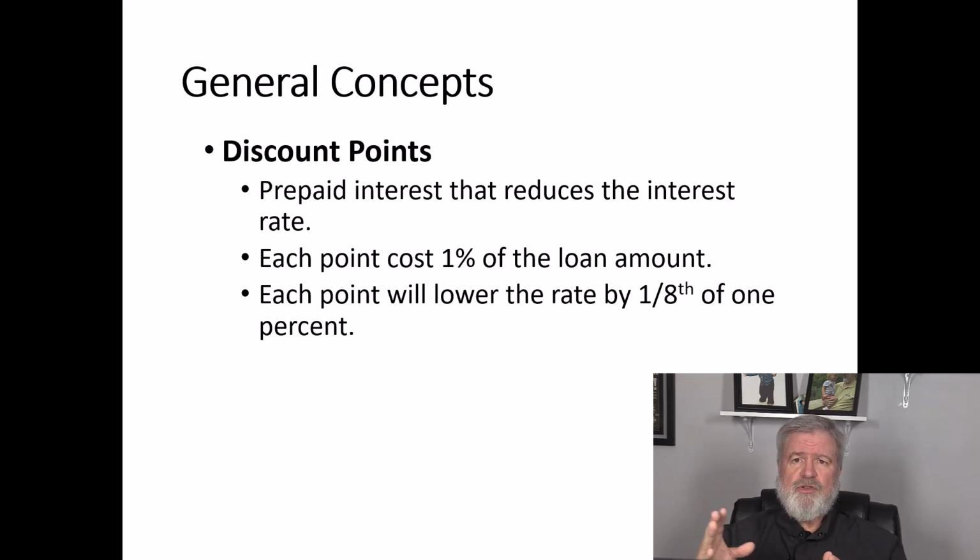How much will those points cost? Well, first of all, you've got to figure out what the loan amount is. We know FHA is 96.5% of, in this example, $200,000. So you have to do some math to figure out what the loan amount is going to be, and then you'll multiply the 2% for 2 points to figure out what the cost is.